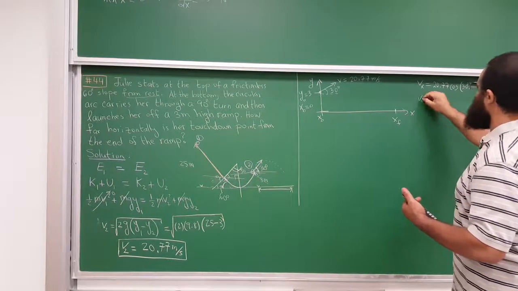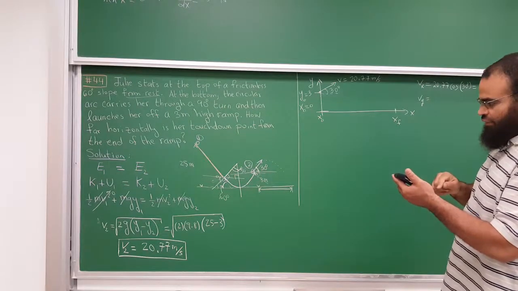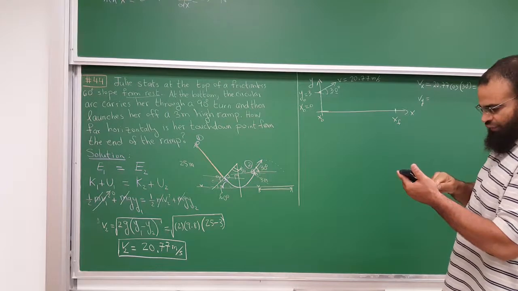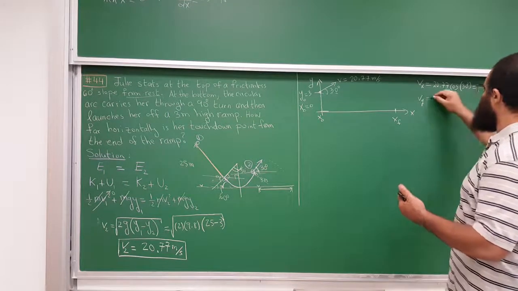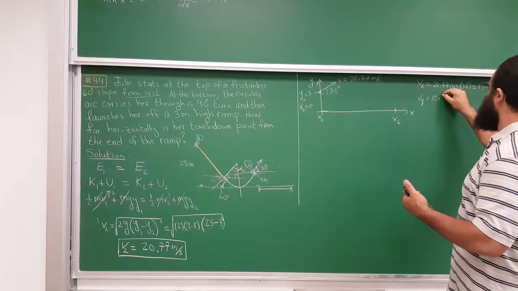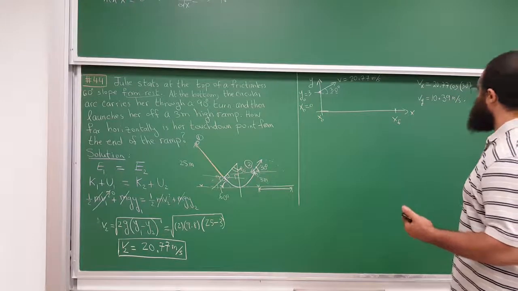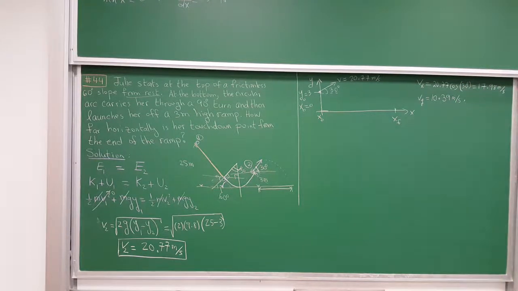And then the y velocity will be 20.77 times the sine of 30 degrees. That's 10.39 meters per second.